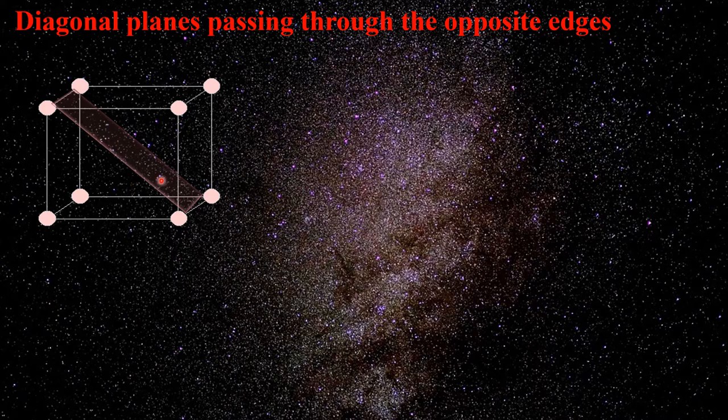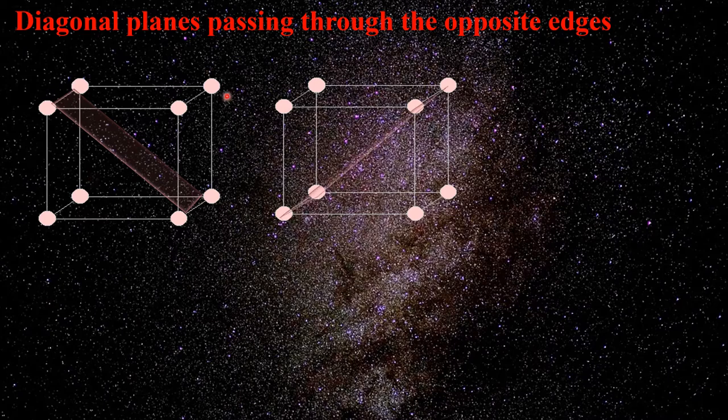So this diagonal plane again divides the crystal, and both parts on both sides of this plane are mirror images of each other. Now we have another diagonal plane, and this plane again passes through these opposite edges.